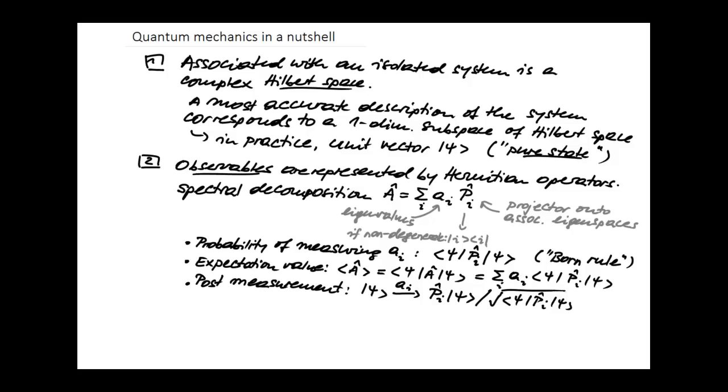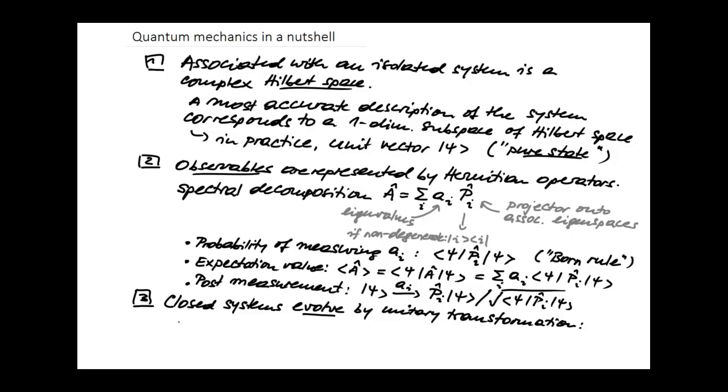And then there's one part still missing. We've talked about states and observables and probabilities and expectation values. We have not yet talked about how the system evolves in time. So this is the third part, that closed systems evolve in time via unitary transformations.